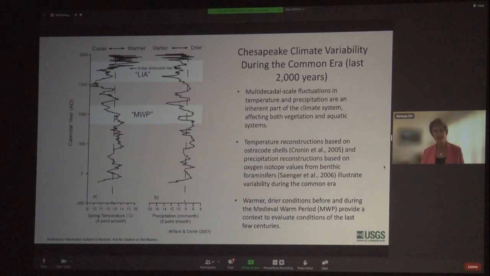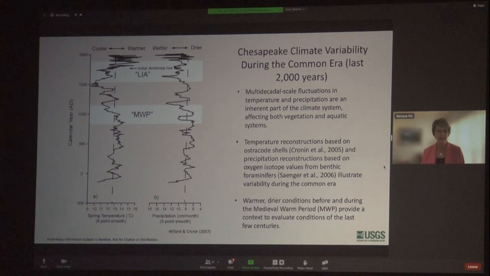If we just look at the Common Era, or the last 2,000 years, there also are changes. I've just plotted some of Tom and his colleagues' temperature and precipitation curves that are based on organisms in Chesapeake Bay, because once we get into the last few centuries, the vegetation record is completely reset by land clearance and land use changes, thanks to we humans.